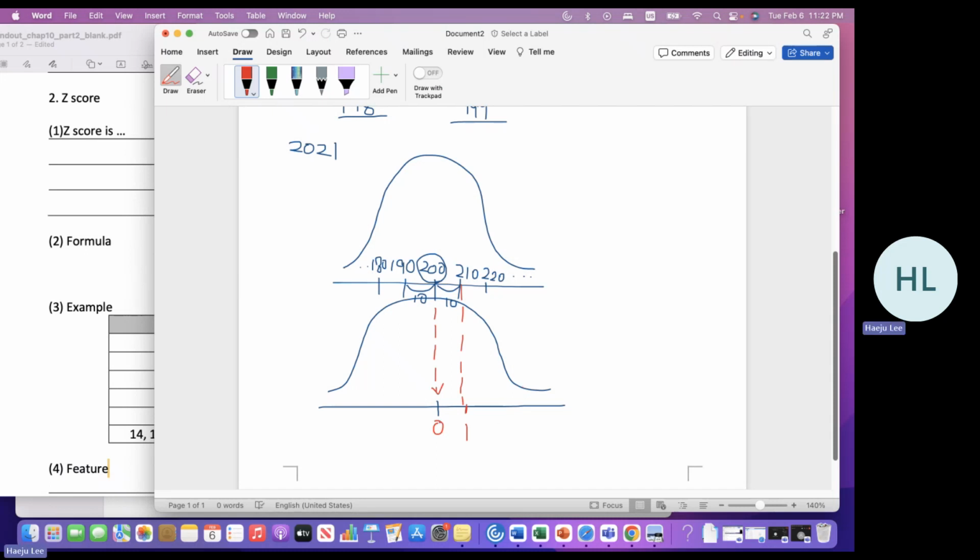The mean is 0, and 1 standard deviation from the mean is 1, not 210.